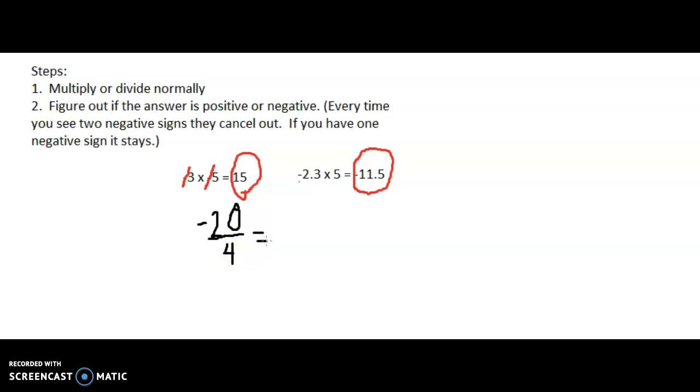Now remember that a fraction really means we're dividing. It means the top divided by the bottom. So 20 divided by 4 is 5. And how many negative signs? 1. I can't cancel it out because there's nothing to cancel it out with. So it'll stay -5.